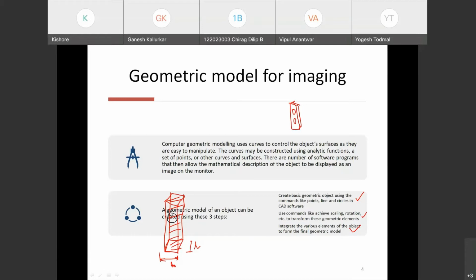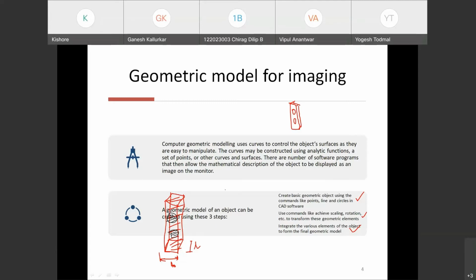And thus you will get this slot. Similarly you will do for another slot. And this is how you create a model, isn't it? So this is how your image is actually being created in any of the CAD models.